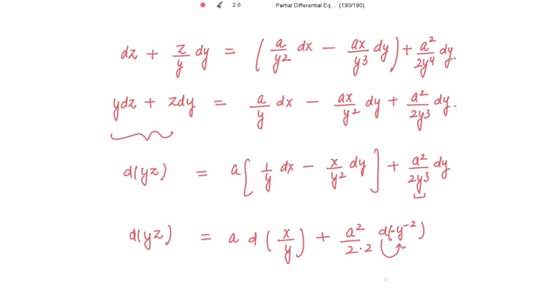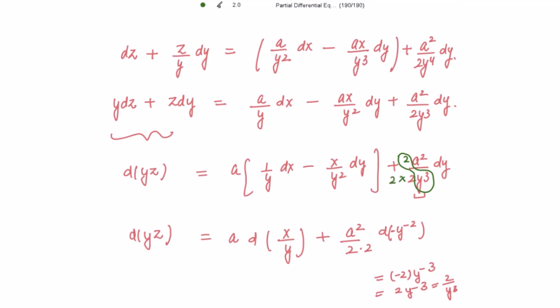You get negative minus 2 y to the power minus 3. That is, you are getting plus 2 y to the power minus 3, which is equal to 2 divided by y cubed. You need here 2 divided by y cubed, so for that we need to multiply the numerator and denominator by 2.